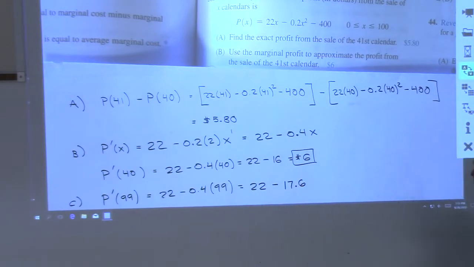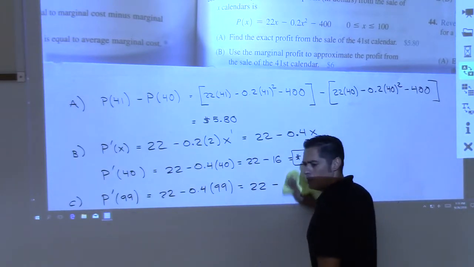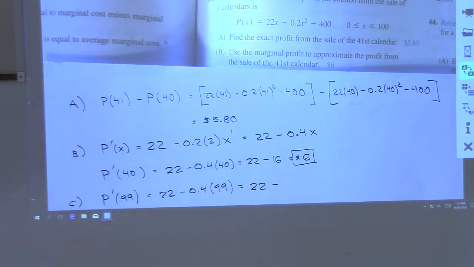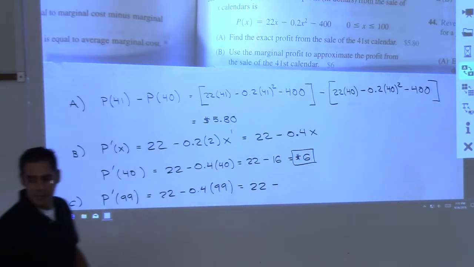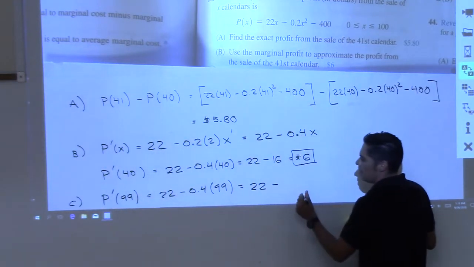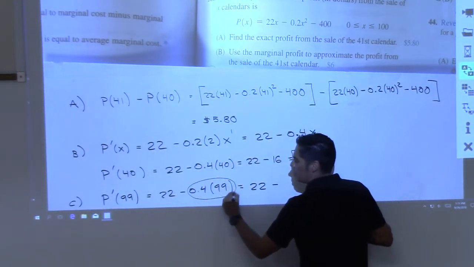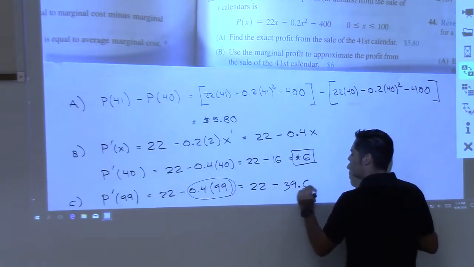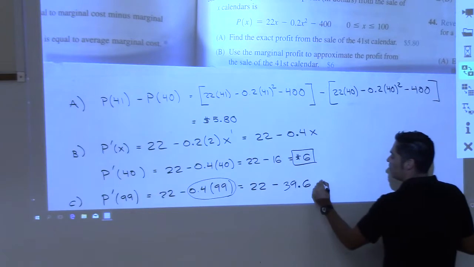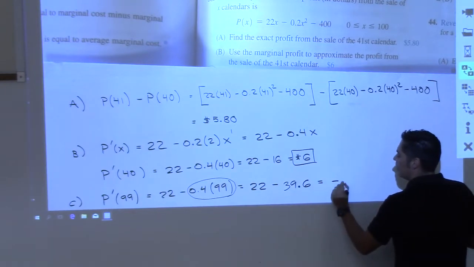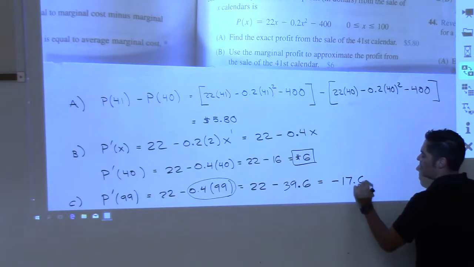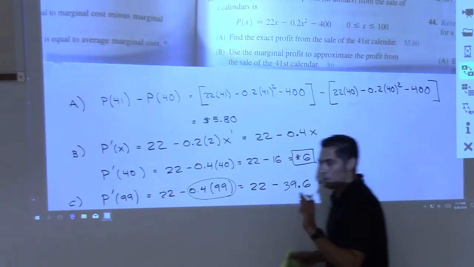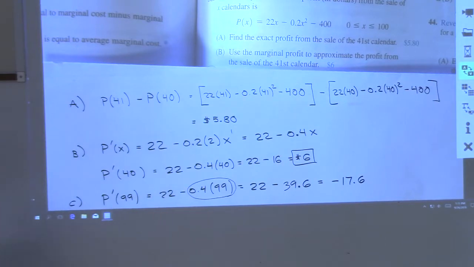That's 0.4 times 99? 39.6. Yes, something isn't right there. What are you doing wrong? Oh, 39.6, you're already computing everything. I'm sorry. Okay, you weren't wrong. 39.6. And then when you subtract, that's where you get what? Negative 17.6. Okay. All right. Now, you were saying, wouldn't it be better to know the exact and everything like that?